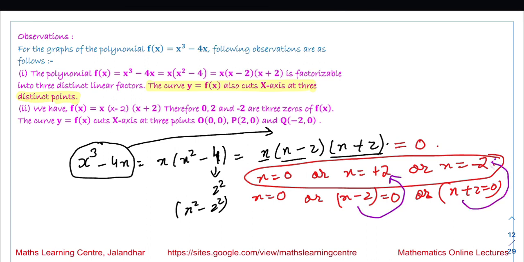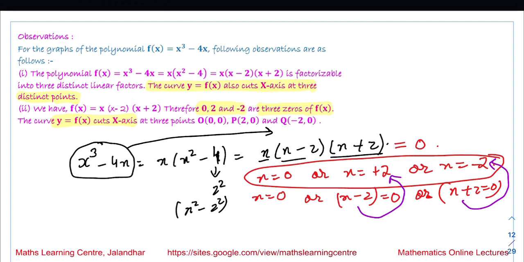When you solve this, you get x is equal to minus 2. So these are the 3. 0, 2 and minus 2 are the 3 zeros of f(x). These are the 3 zeros that we are obtaining as the points where y is equal to f(x) cuts the x-axis. So these were some basic facts about the graphs of polynomials.